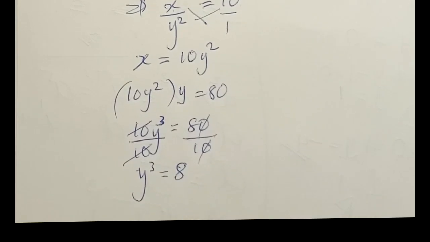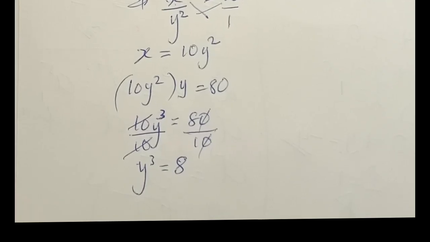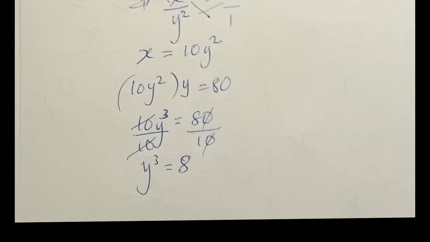When we have y cubed equal to 8, we must look for a value that is also cubed, so that y will have the answer. Since the power of y is cubed, we must look for a given value which also carries a cube as a power, so that if the power is the same, then the base will be the same. In this case, only 2 raised to the power 3 can go.